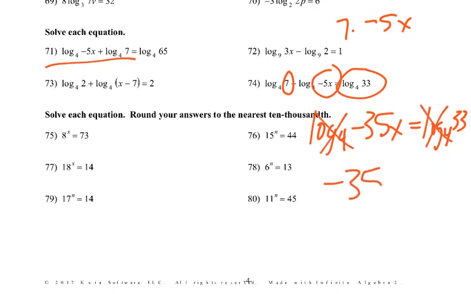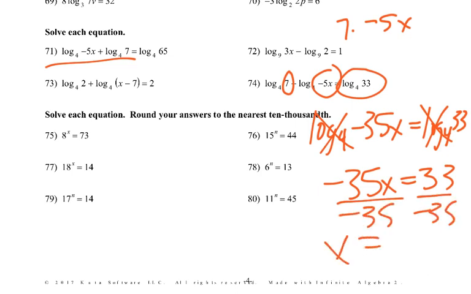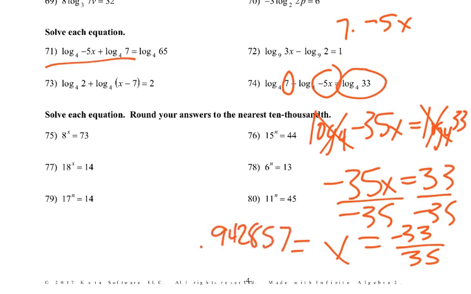We get negative 35x equals positive 33, divided by negative 35. And x would equal, I can either leave it negative 33 over 35, or I could type it into my calculator and I would get 0.942857. Okay, either one would work.